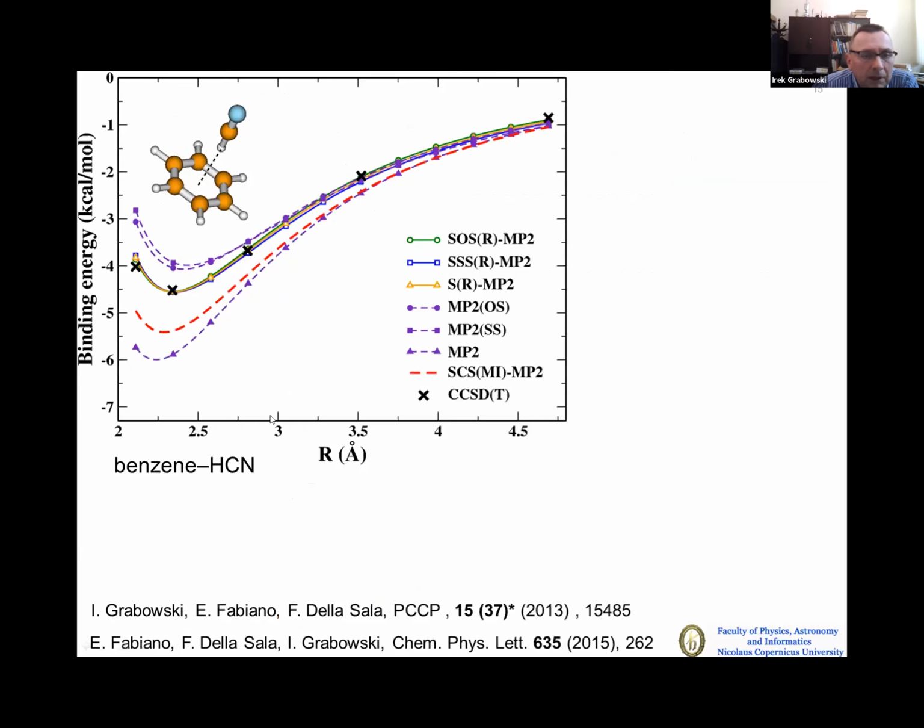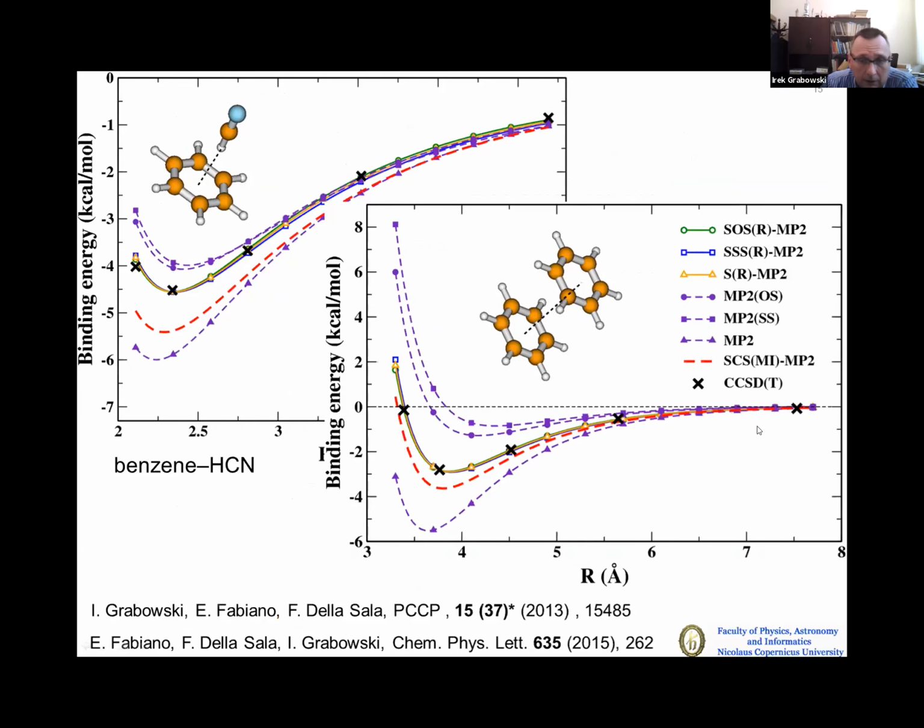So what about the bigger systems? This is, for example, the benzene dimer. The crosses are the CCSD(T) results, and the results of our calculations are exactly here. And this is benzene HCN, similar behavior.